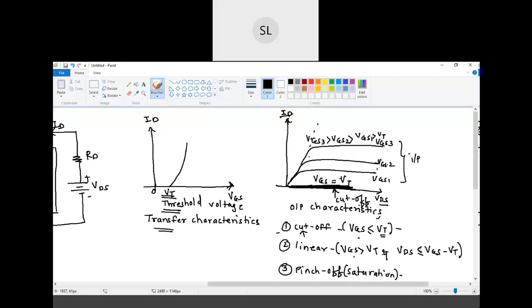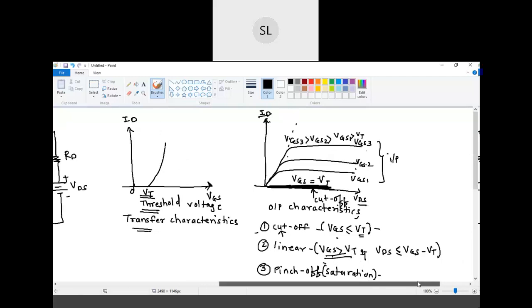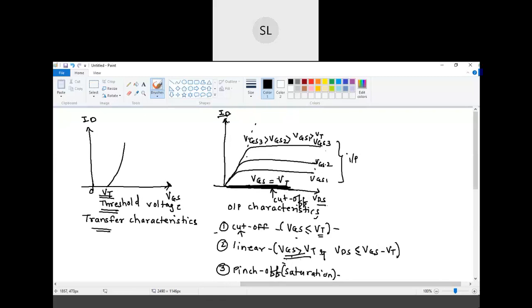Now, in order to start the conduction here, the gate voltage should be larger than this threshold voltage Vt. Whenever this gate voltage is greater than Vt, the current ID will start flowing through the circuit.